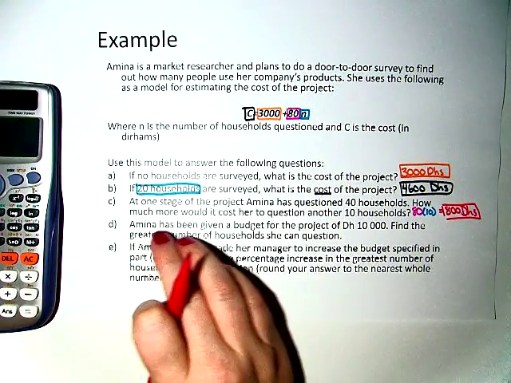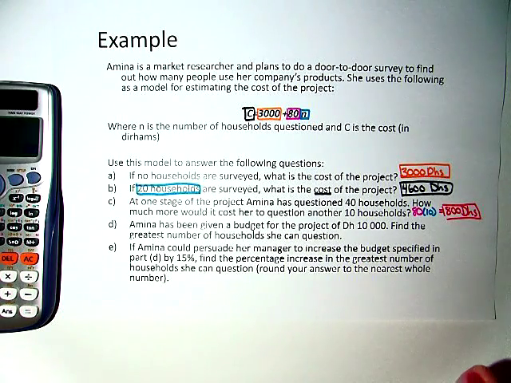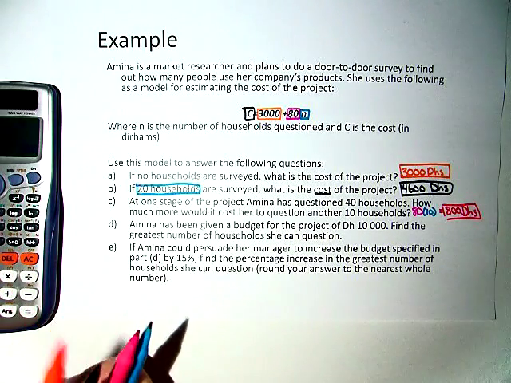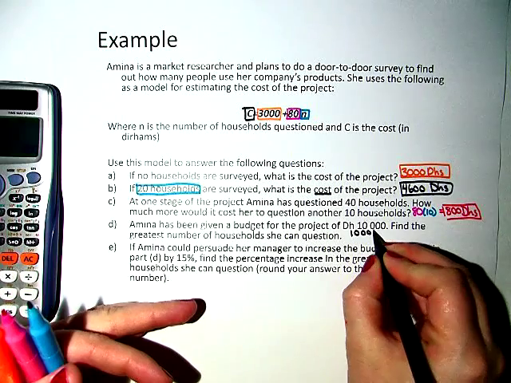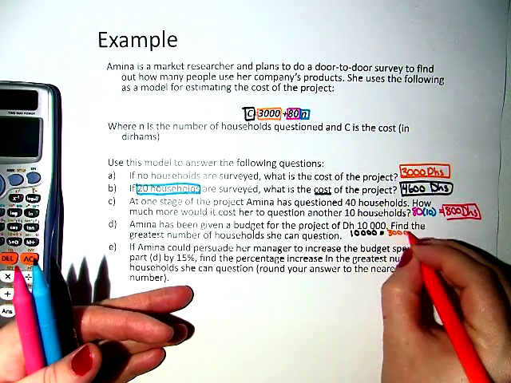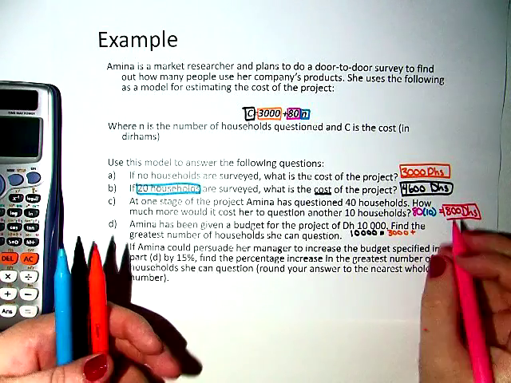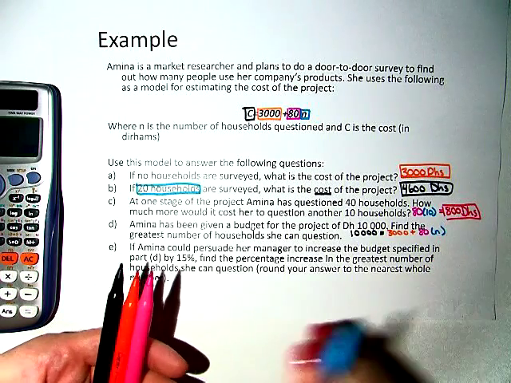Okay. Amina has been given a budget for the project of 10,000 dirhams, so that's all her boss is willing to spend. Find the greatest number of households she can question. Okay, so we're going to put that in for cost. 10,000 equals 3,000 plus 80 times N. And that's what we're going to be solving.